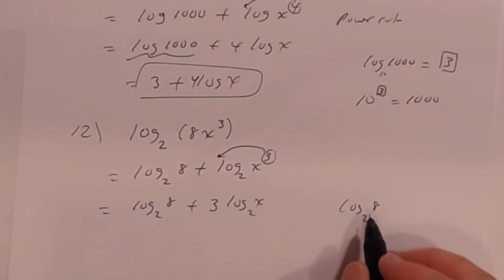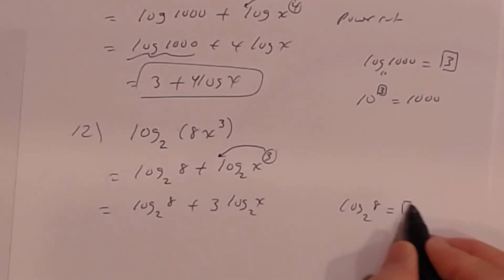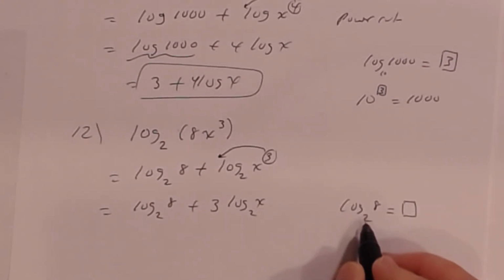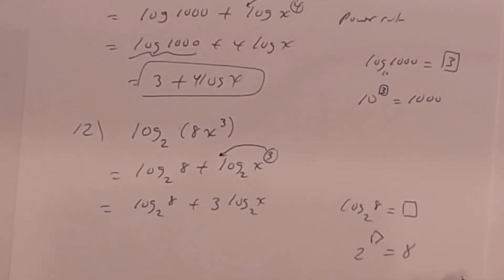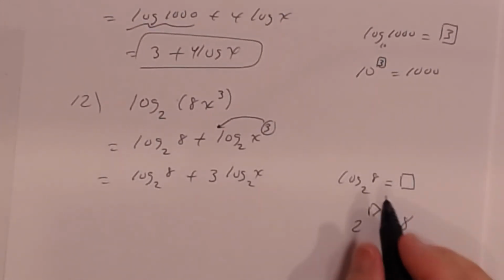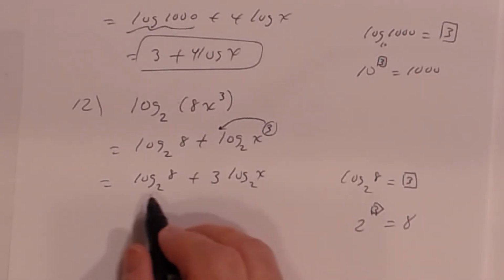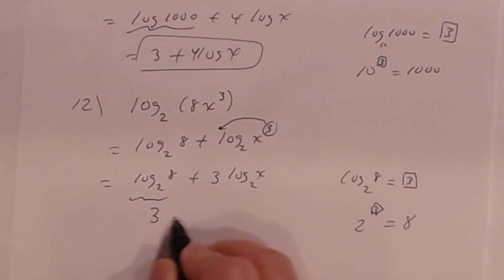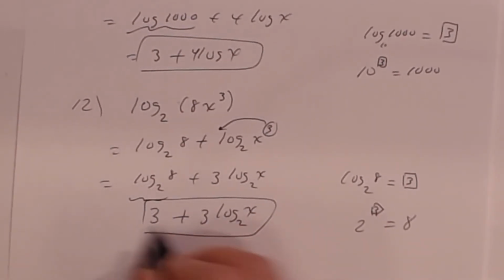You need to recognize what this means. What is that equal to? Well, 2 to what power is 8? 2 to the third. That's an easy one to figure out. So that's 3. So that becomes 3 plus 3 log of x base 2.